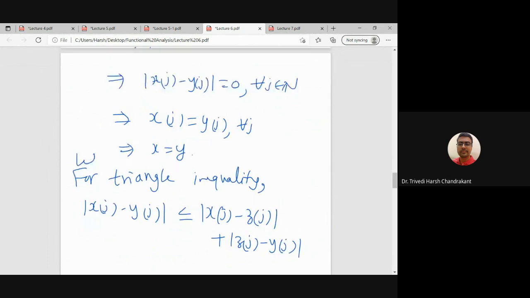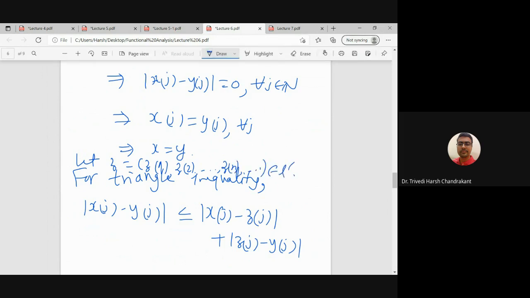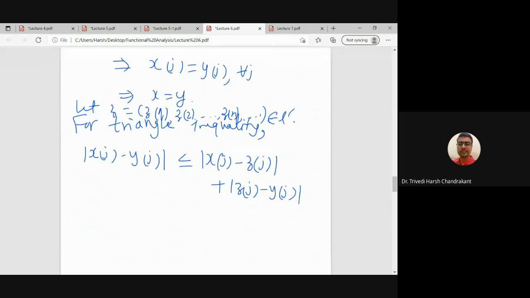So we are basically taking a new sequence, z equals z1, z2, zn, in l1. So x and y are already in l1. We are taking a third sequence z.